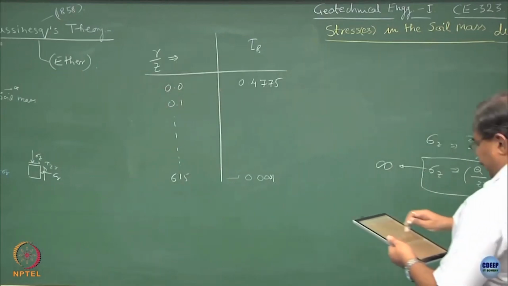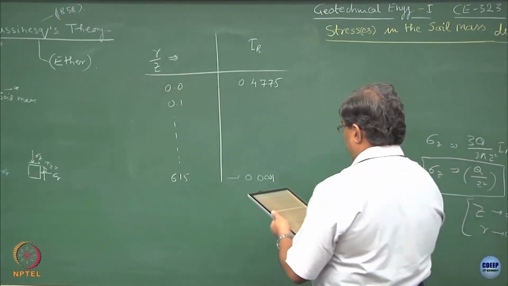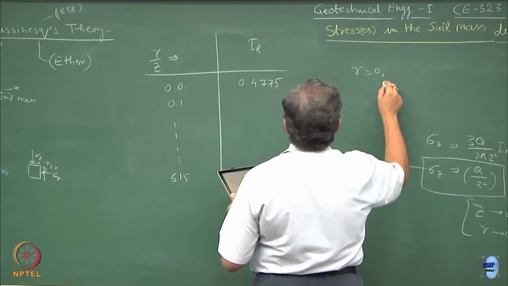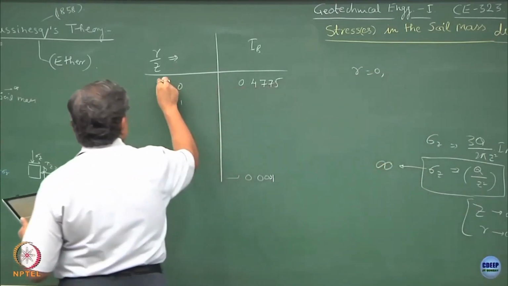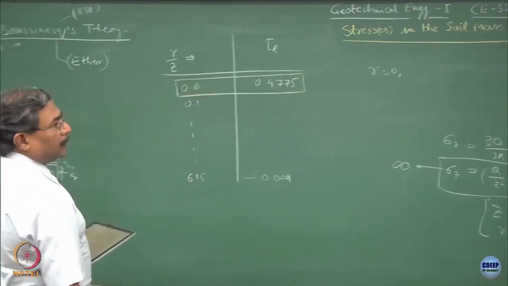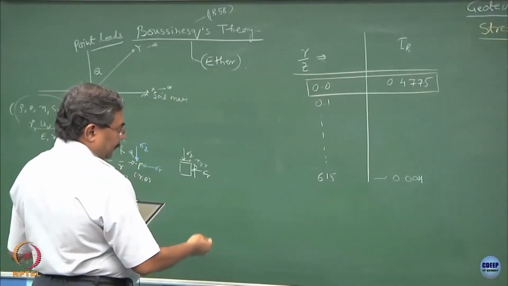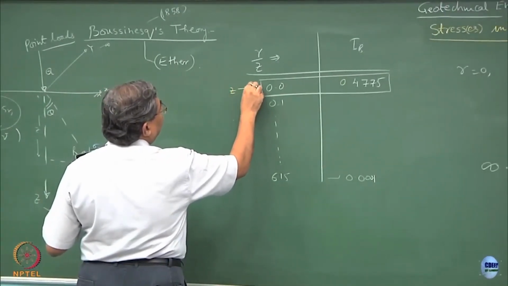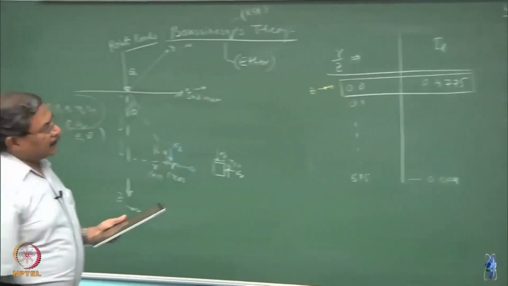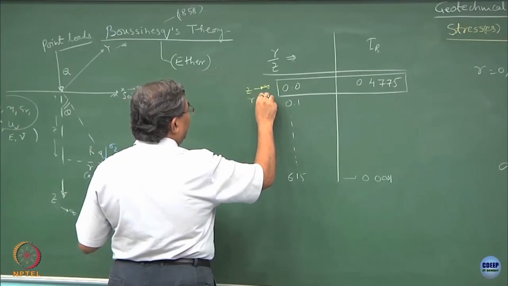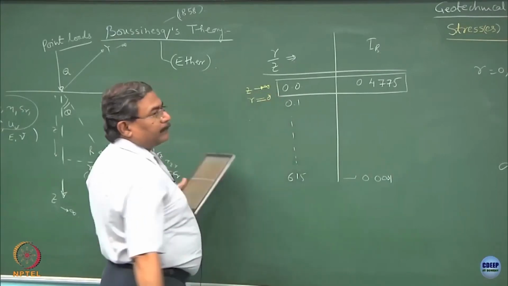So, for all practical purposes, I can write that at R equal to 0, now this is a very interesting solution which we have obtained. There are two possibilities of getting this, either Z tends to infinity, then only we can get R by Z equal to 0, or a better possibility will be R equal to 0 itself.